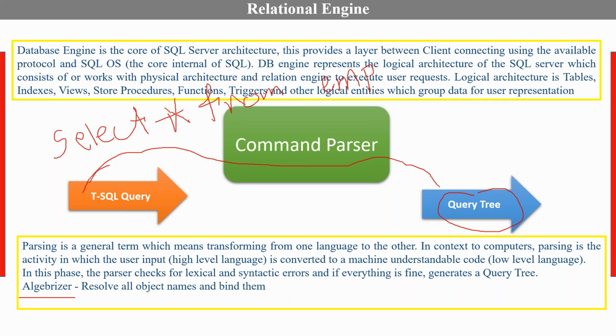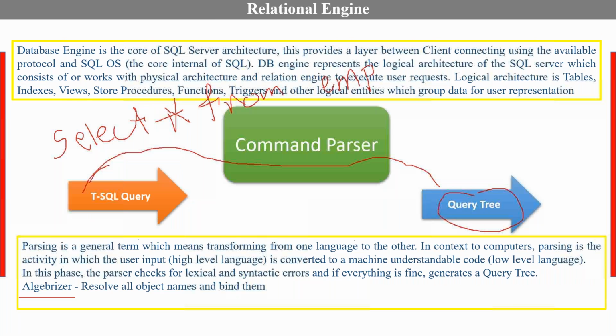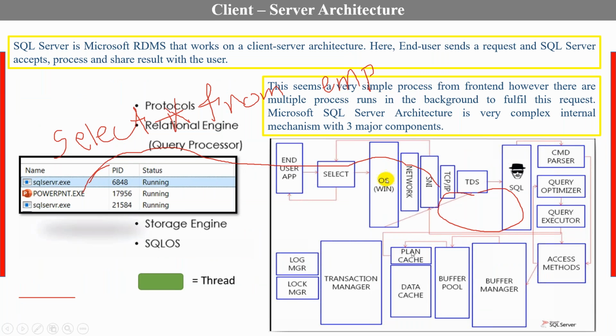Your command parser will check whether any plan is available in the plan cache. In case there is no plan, it will start preparing the execution plan. For example, today I executed select star from emp. SQL Server prepares one plan, and that plan is temporarily stored in the plan cache.